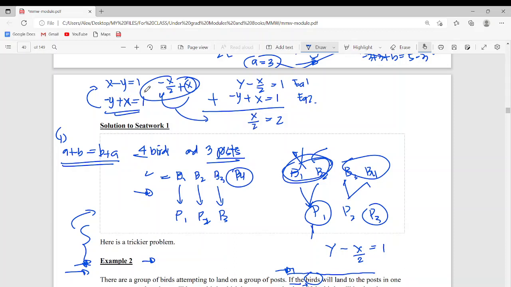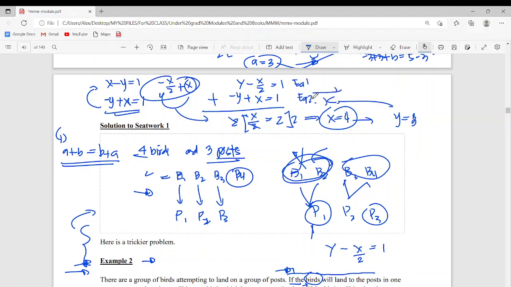To find the value of x, we multiply by 2 and cancel it, and we also multiply the other side by 2 since it is an equality. So we have x is equal to 4. With the value of x equal to 4, we can solve the value of y, and we have y is equal to 3, using equation 2.